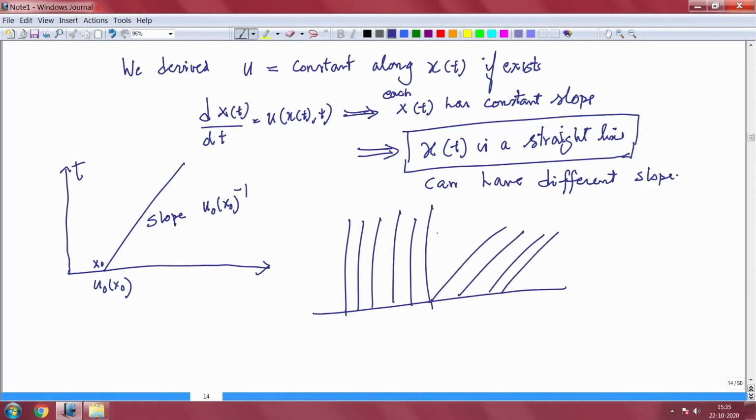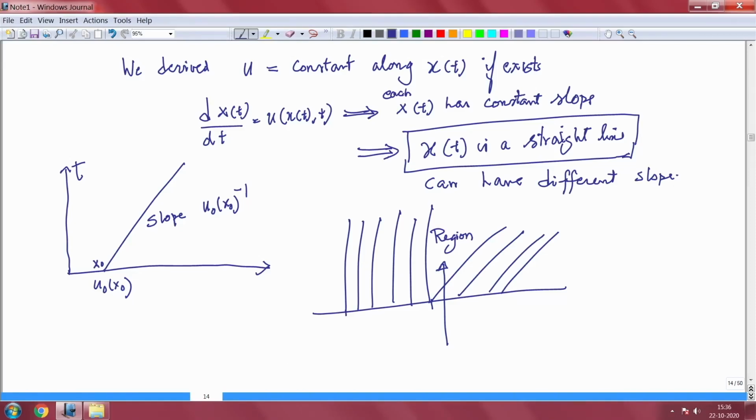And there is a region here where there are no slopes. Such regions are called rarefaction regions, regions without any information. The characteristics are the ones transporting your information from the initial values. The value u naught of x naught is transported along the characteristics.